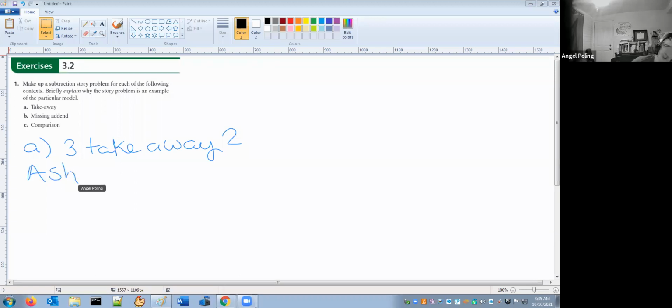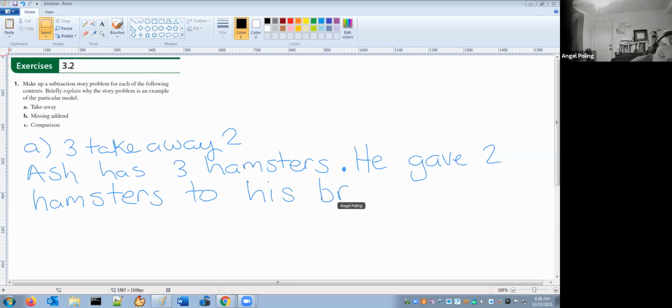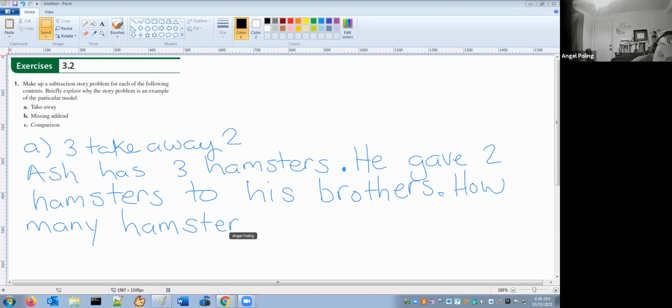Ash has 3 hamsters. He gave 2 hamsters to his brothers. How many hamsters are left?